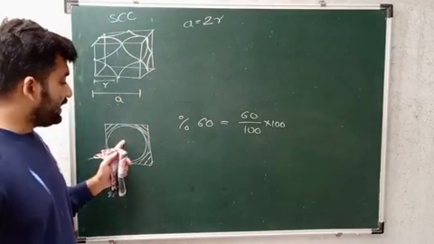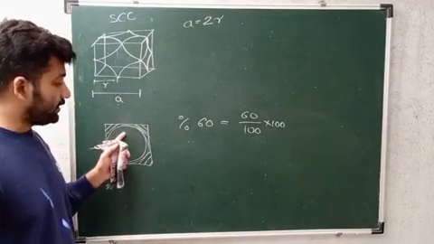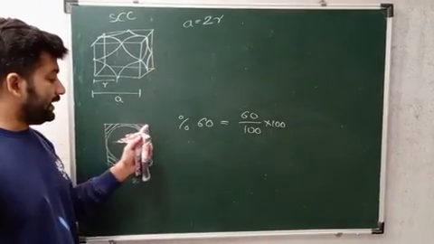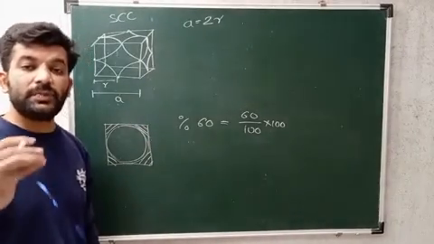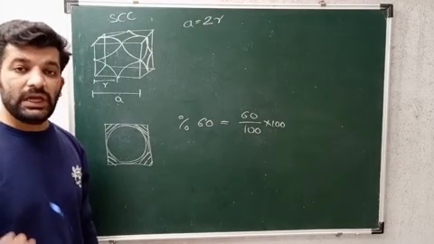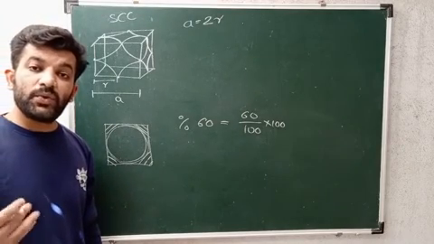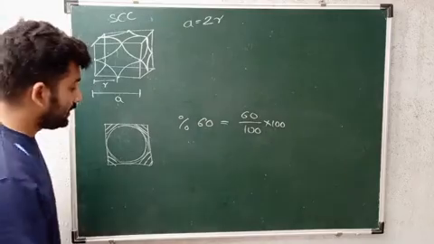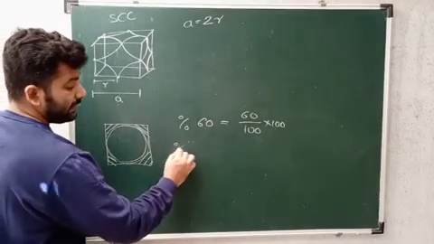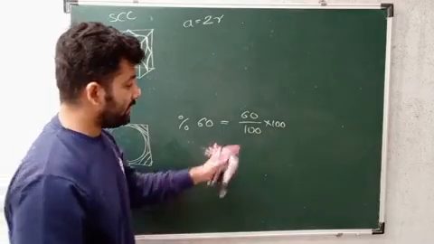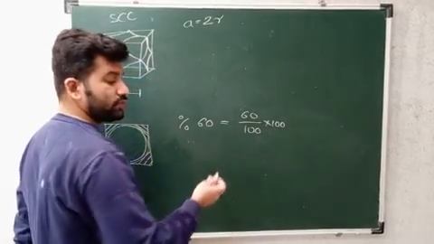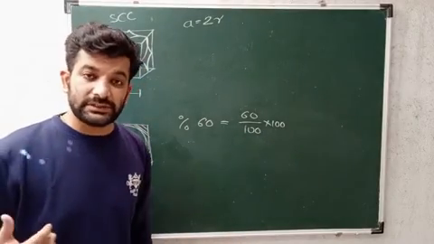Similarly, when I am doing volume of circle, or area of circle, divided by area of square, that will give me the percentage of occupied space. But I want to find out the void space, so this occupied percentage will be subtracted from 100. It means if I have 60%, I am short by 40%.